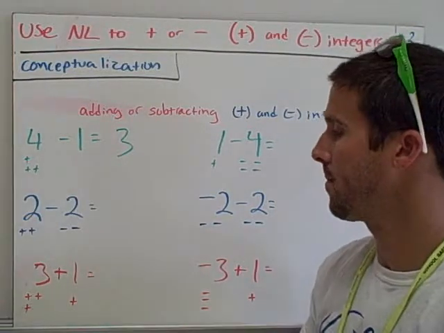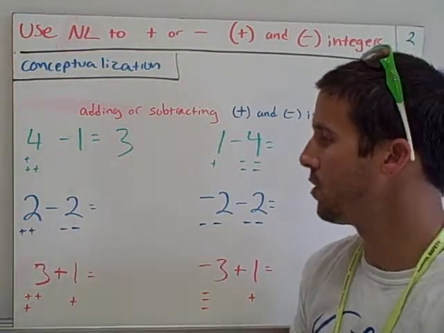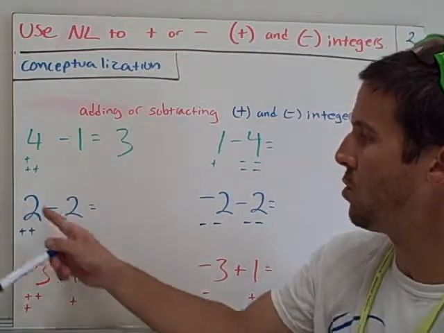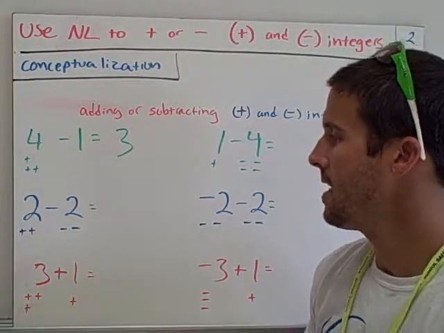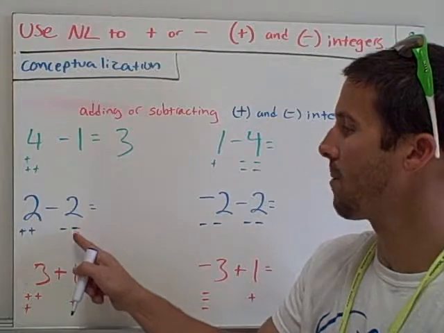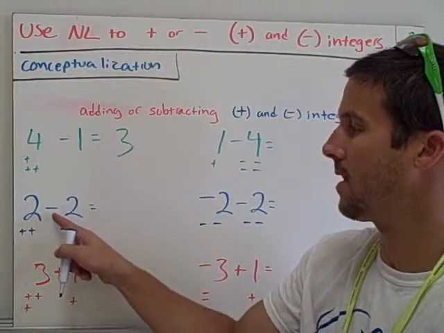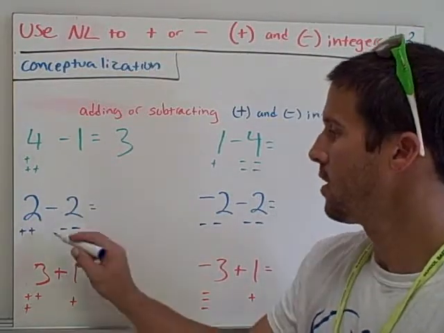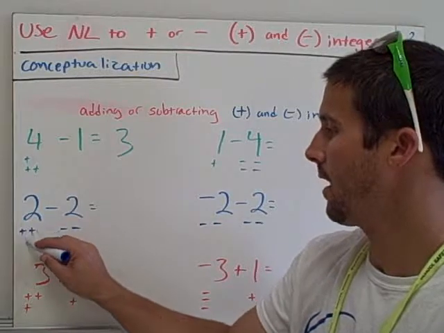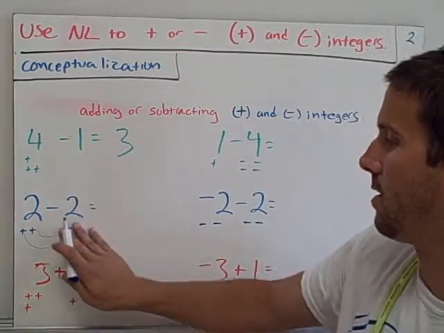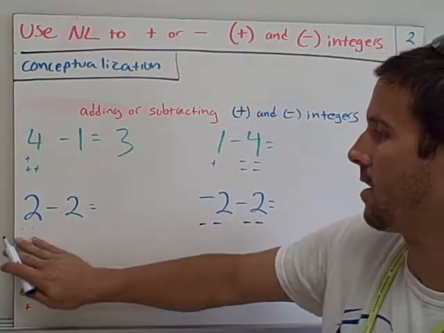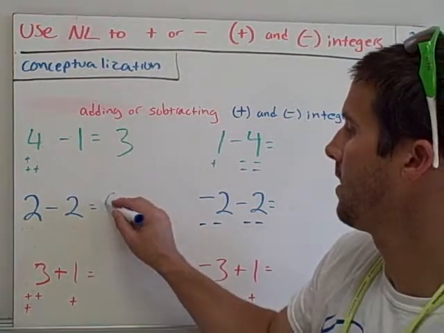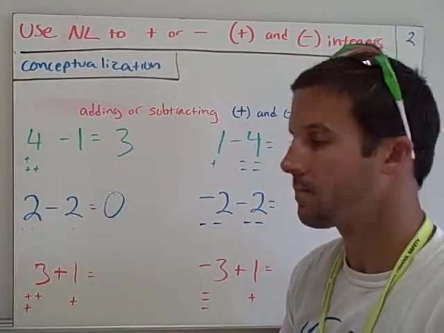Okay? So that's one way of looking at it. Let's try another one. How about a 2 minus a 2? Well, I have 2 positive signs here, and this 2 represents 2 negative signs because I have the minus right here. So if each one canceled each other out, they would disappear because they get together and then go off into the sunset. And that's why I have 0.